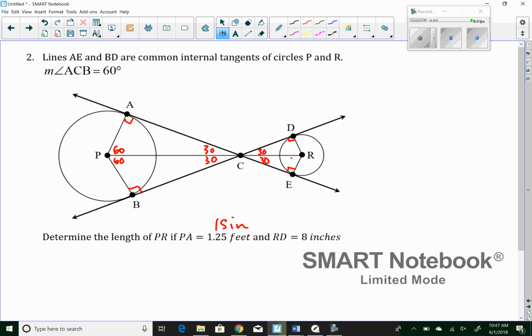So I actually know a lot about this picture before I even label any sides. It then says that PA is 15 inches, which means PB is 15 inches. And then it says RD is 8 inches, which means RE is 8 inches.